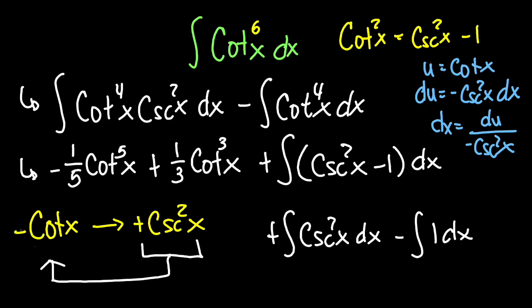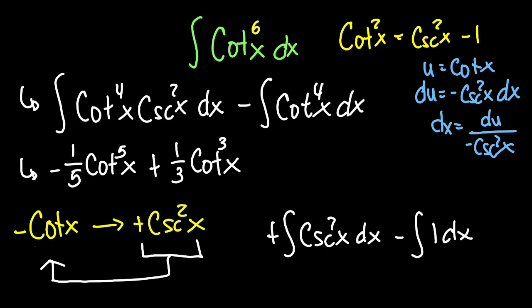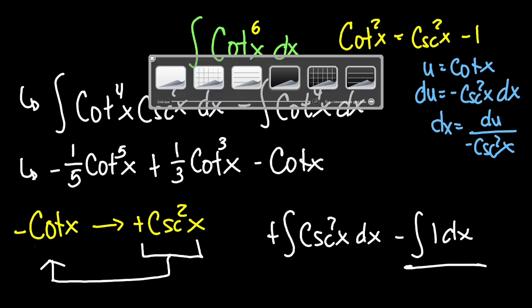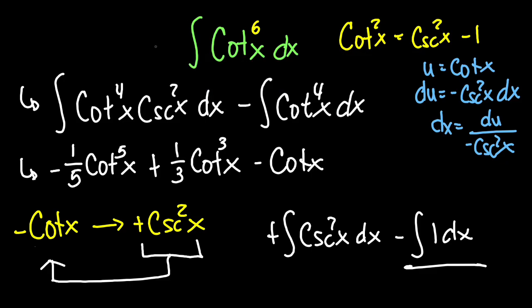So this would be negative cotangent of x. So this would be the integral of that. And for the last one, the integral of 1 dx would be simply x plus c, making this your final answer.